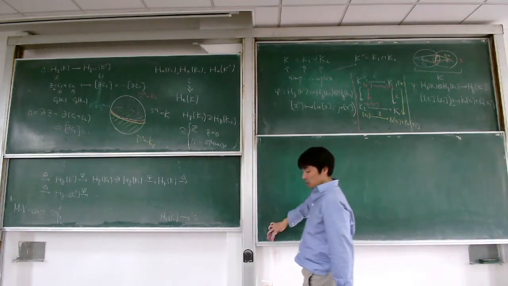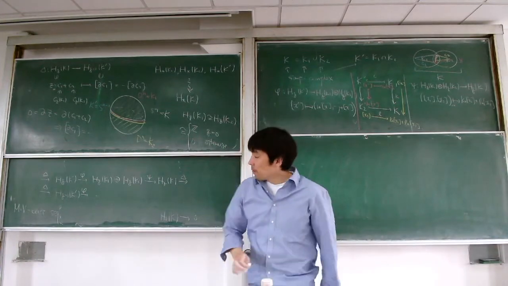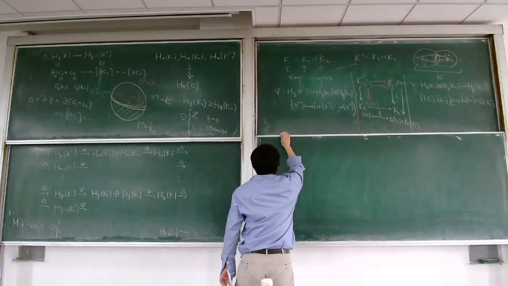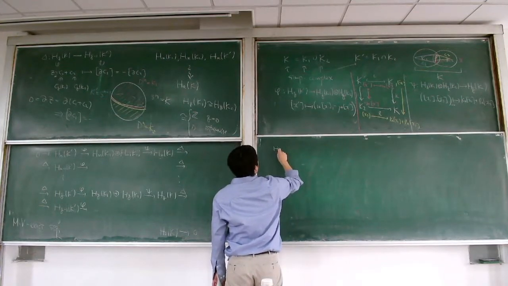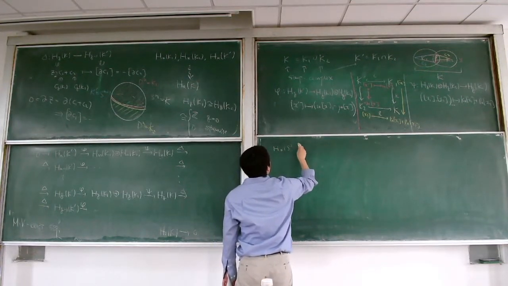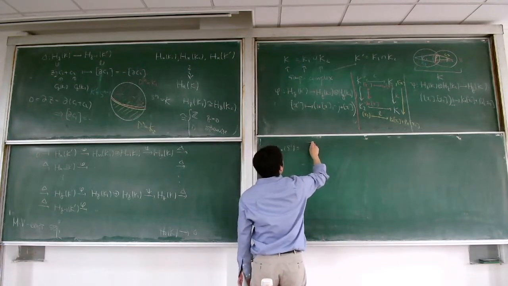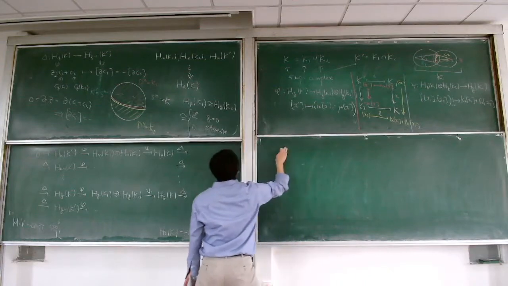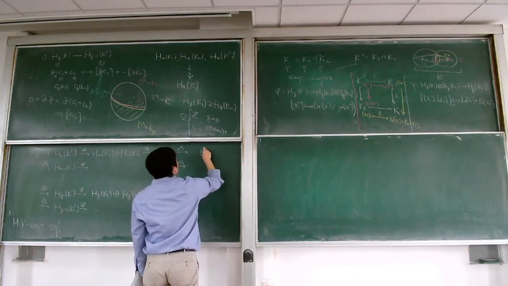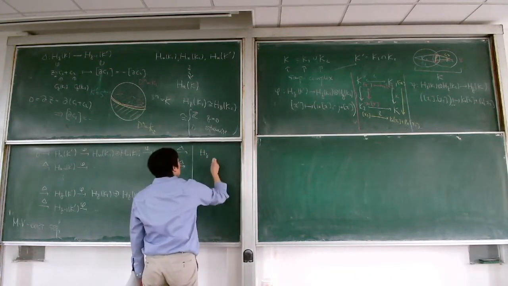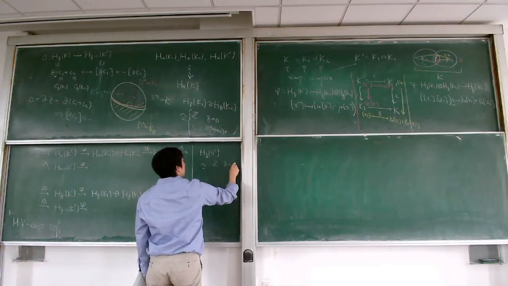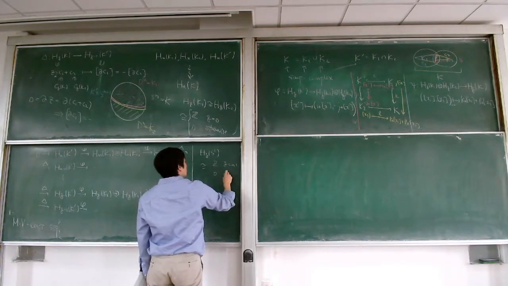Okay. So suppose we know the homology group of S1. It's better to write it in here. The homology group of S1 is isomorphic to Z when q is equal to 0, 1, and 0 otherwise.